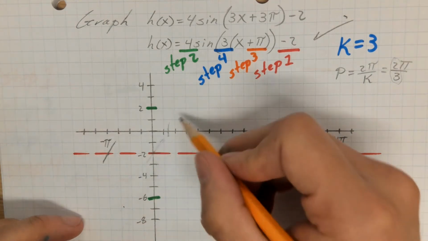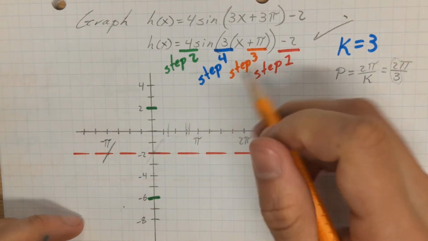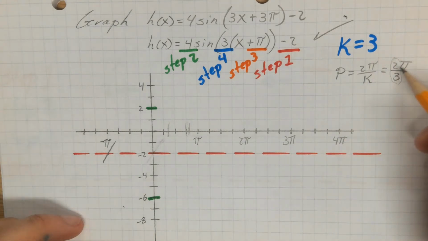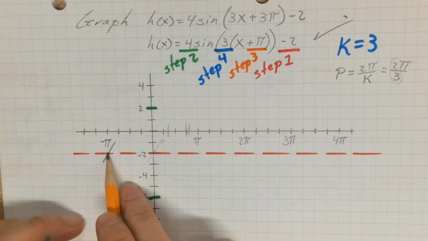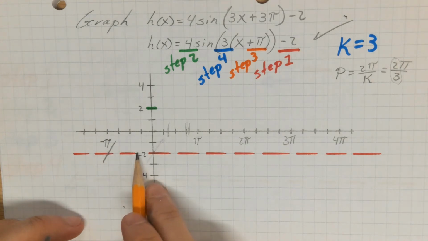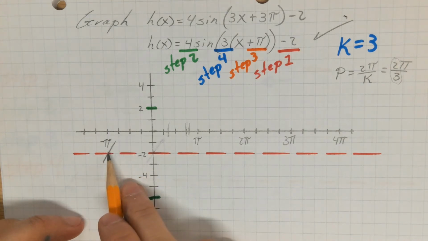We have 2/3. It's not very accurate. But we want 2/3 of pi. So it's not shifting, but the period is going to be 2/3 of pi.